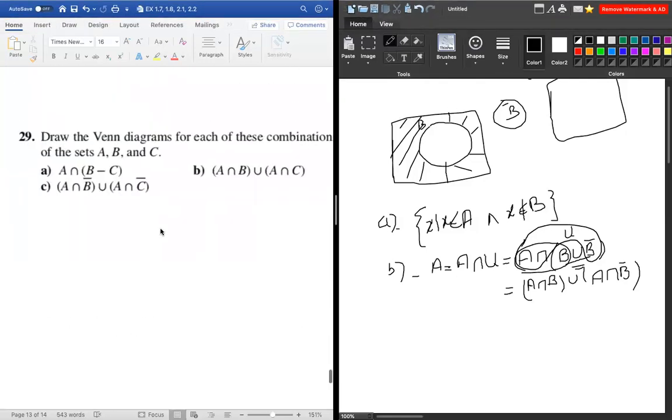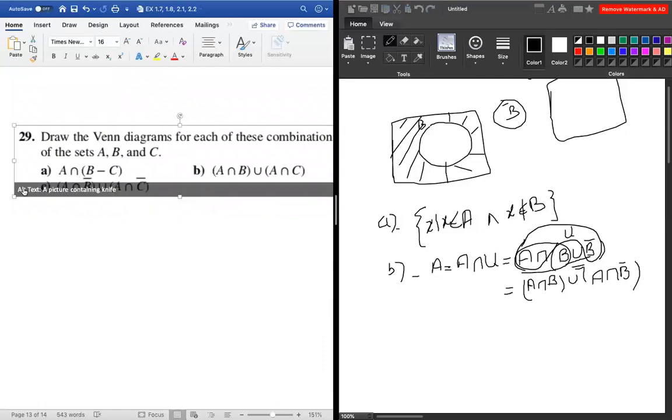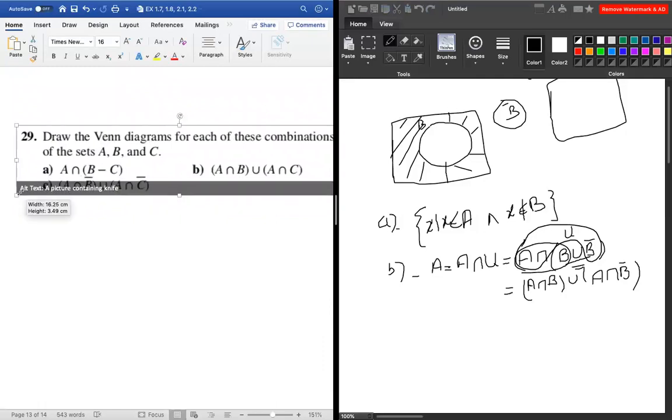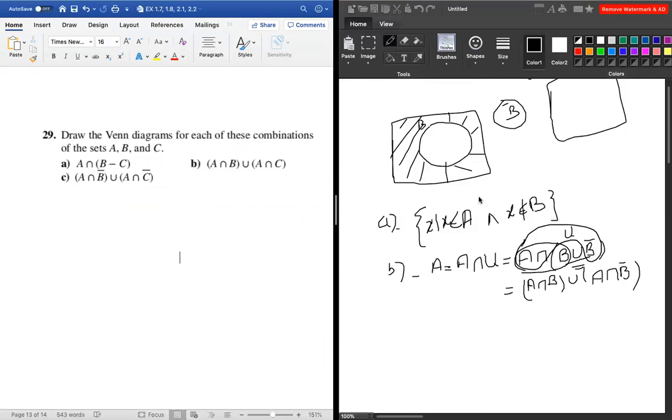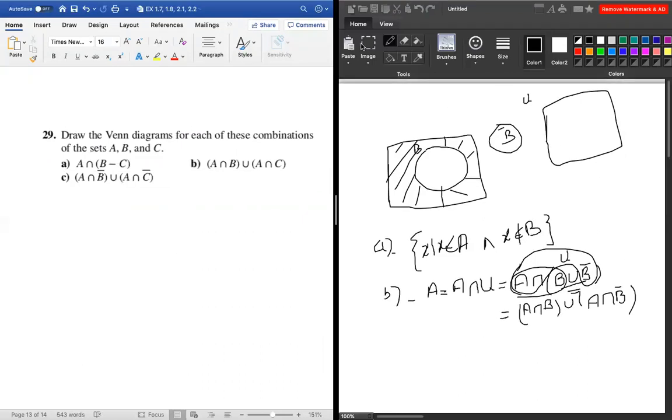Okay. So here we have to basically draw the Venn diagram. I think this question will give you an even clearer understanding of what I mean. Okay, so let me just get these ones.